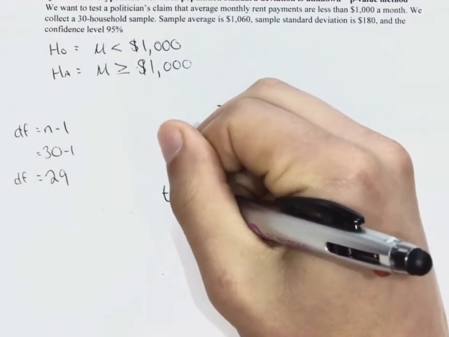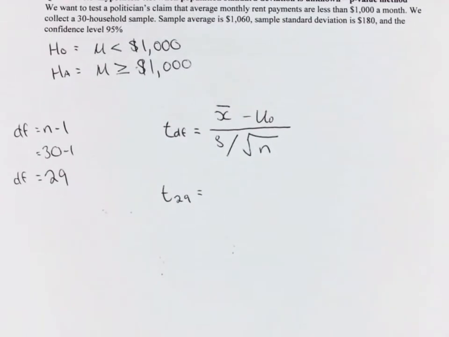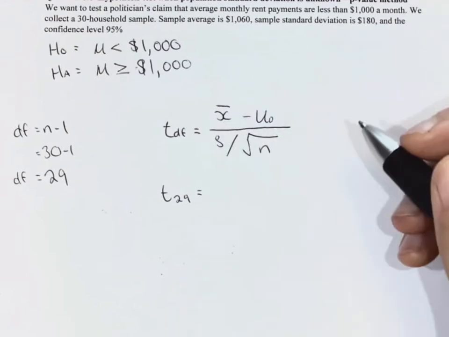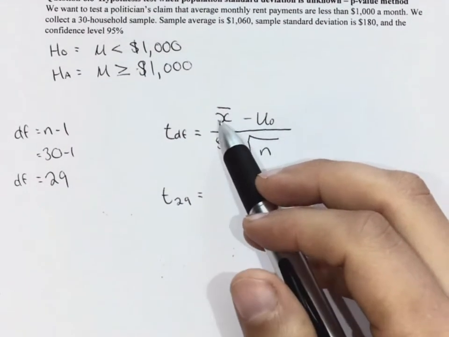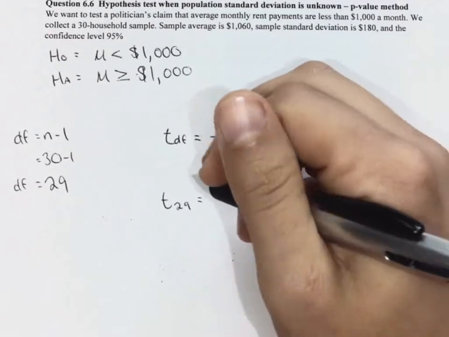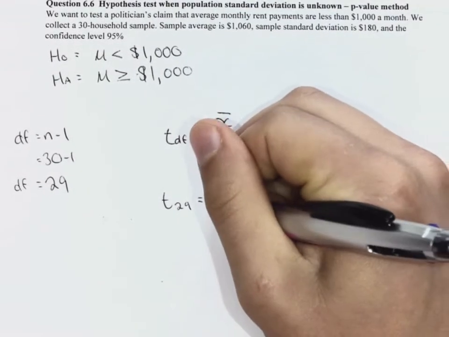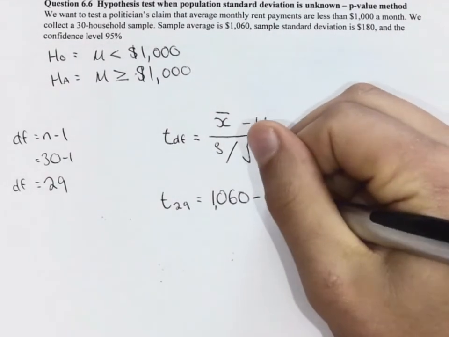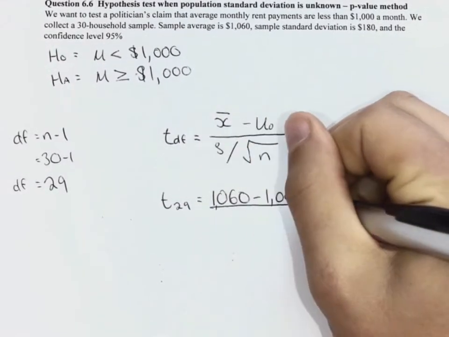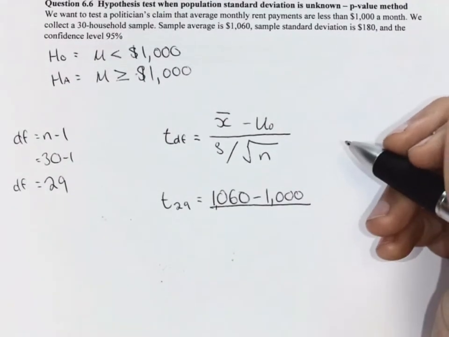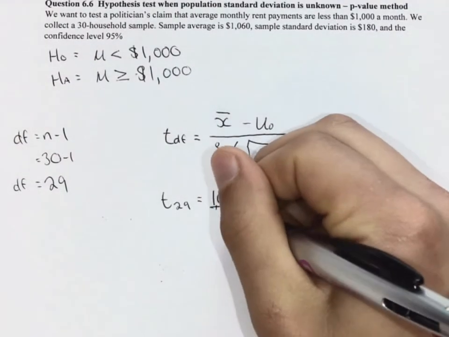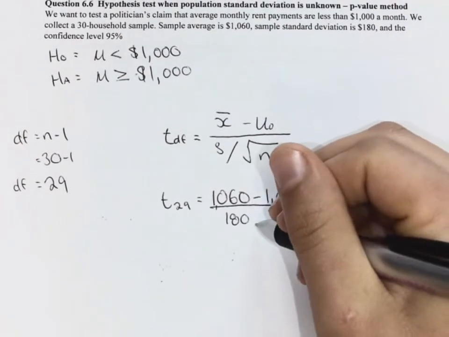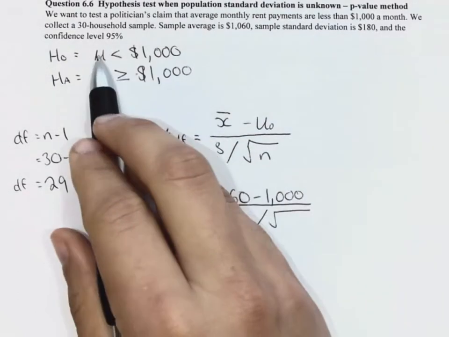So T29 is equal to our sample mean of 1,060, less our null hypothesis mean of 1,000, divided by our sample standard deviation, 180, divided by the square root of our sample size, which is 30.